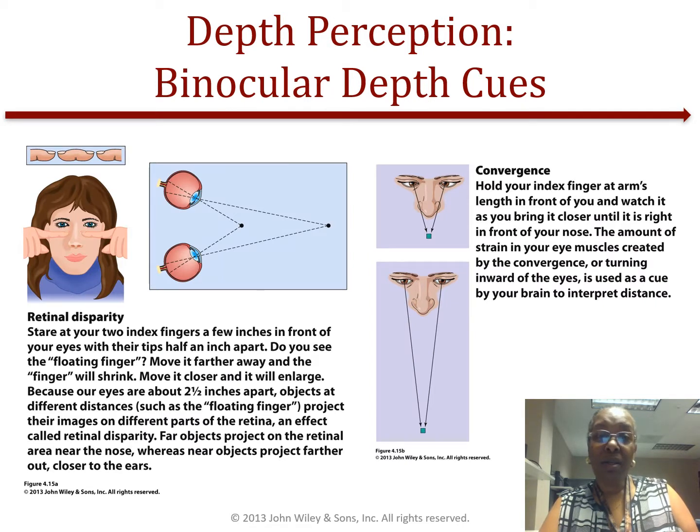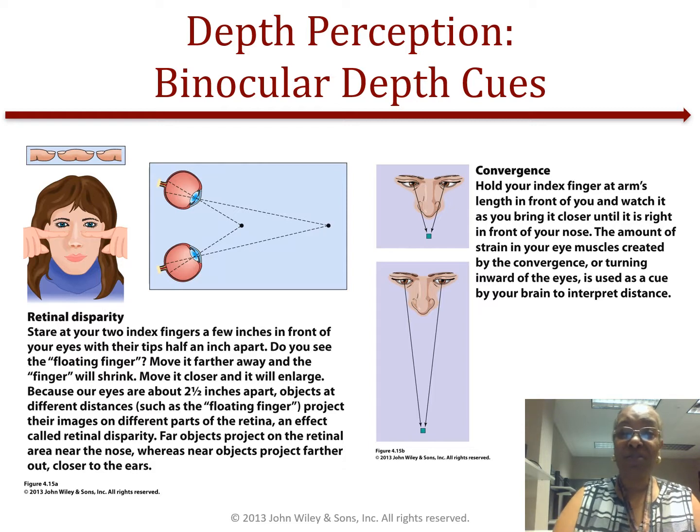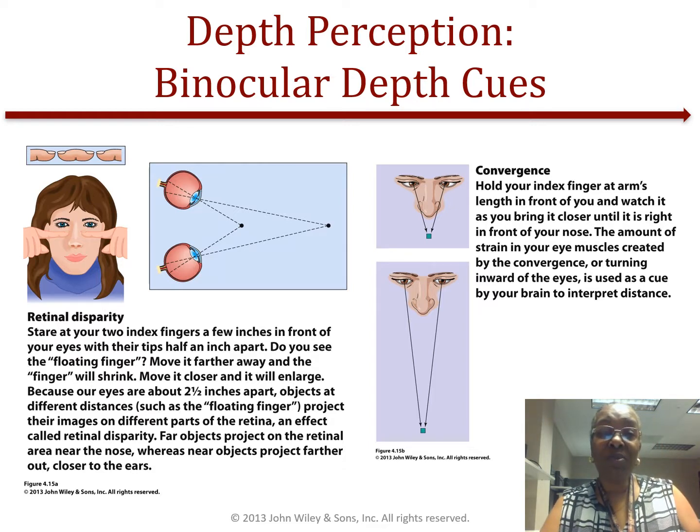Now, here we're having fun again with taking time to pause the video, and I want you to make sure you take time to read the instructions. This is looking into our depth perception and the binocular depth cues. Our retinal disparity can be demonstrated by the hole in the hand illusion.